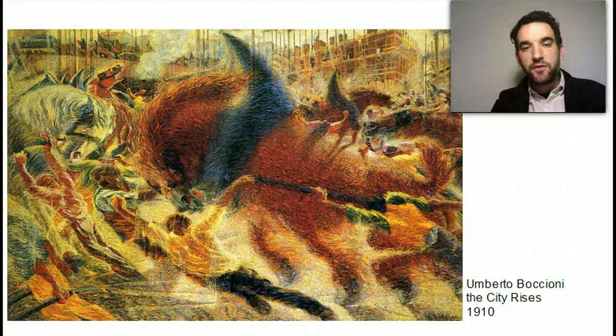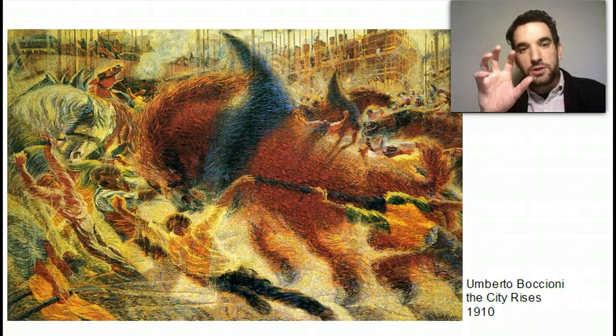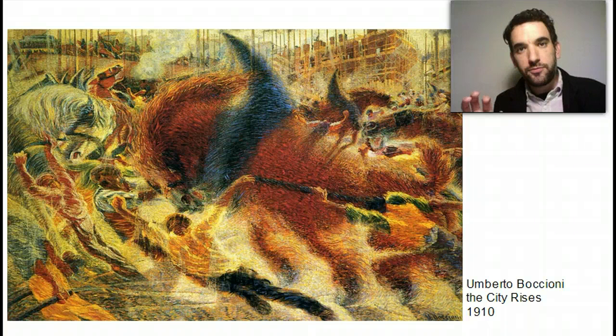So all of the frenzy of nature in the front is being put to use in this very standardized, very ordered, very calm industry in the back. The juxtaposition of those two things is very important for the message that Boccioni is trying to convey.